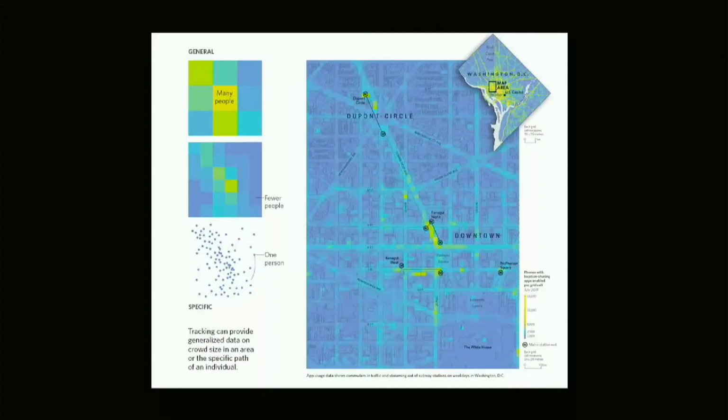In this case, this is data that shows mobile phone activity in Washington, and actually in a specific area around DuPont Circle in Washington, where yellow shows higher areas of activity, blue lower. And the way that the data come in is as a series of points, which effectively are the locations or the approximate locations of phones.